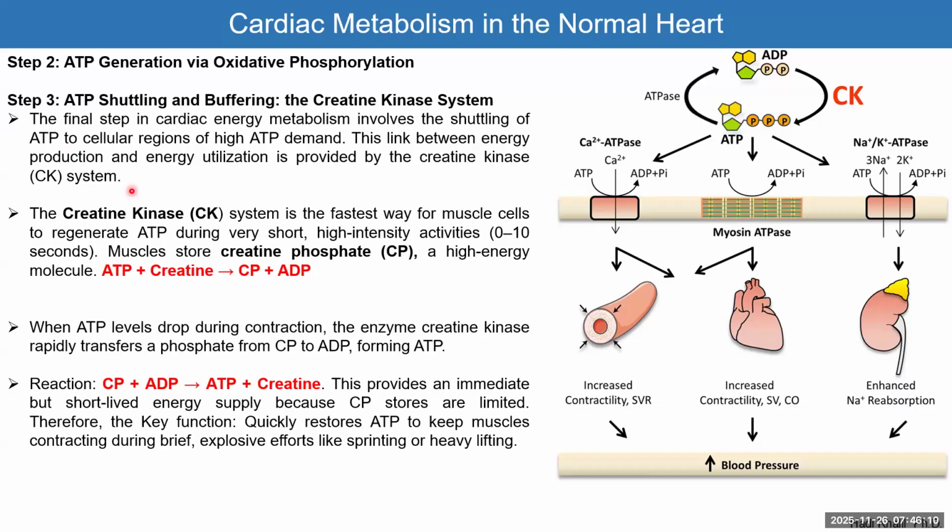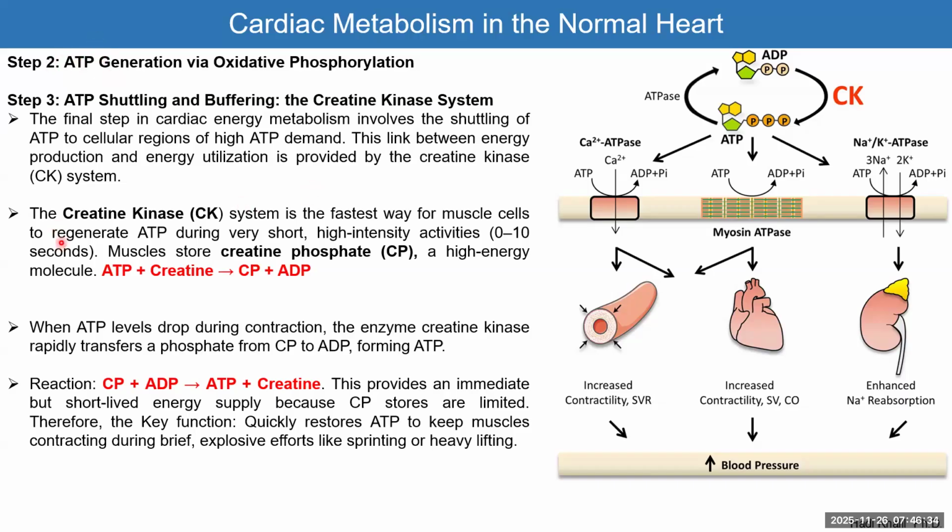In other words, the cardiac muscles, and muscles in general, need tons of energy, so they need that reserve to be available so close. So they have this creatine kinase system, so that they can store energy in a format that is different from ATP.